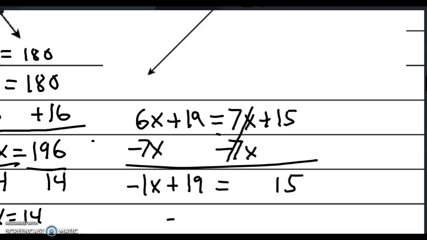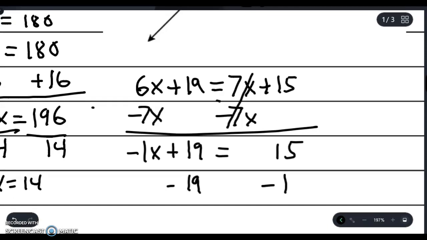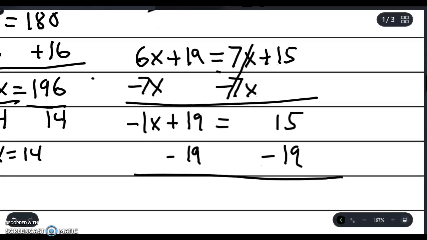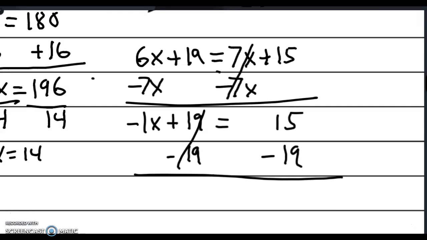Alright, so now we're going to subtract 19 on both sides, still isolating the variable, moving the numbers to the right here. The 19s will cancel out. I have negative 1x is equal to negative 4.